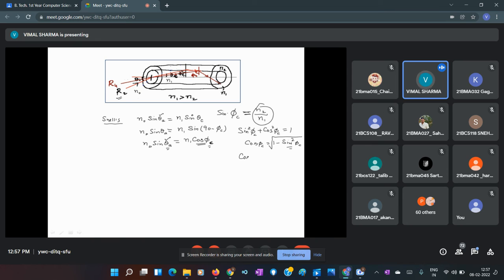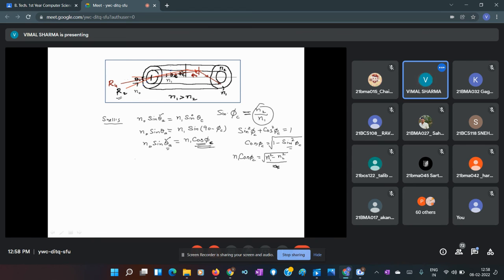So I can write that cos of phi c is equal to under root of 1 minus n2 square divided by n1 square, or taking LCM, under root of n1 square minus n2 square whole divided by n1 square. So I can write it like this. And if I shift this to here, I can write that n1 times cos phi c is under root n1 square minus n2 square.